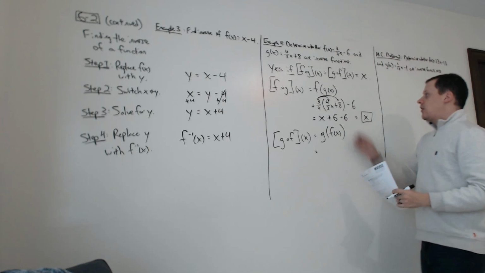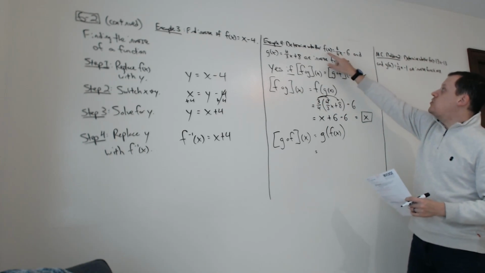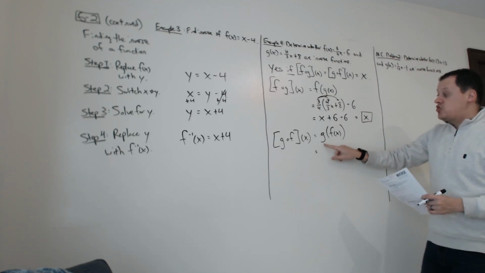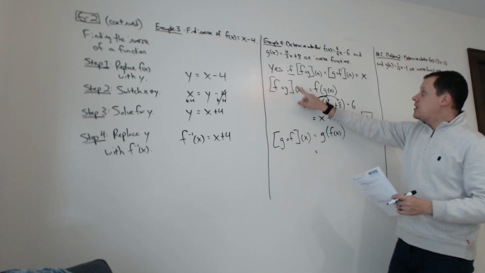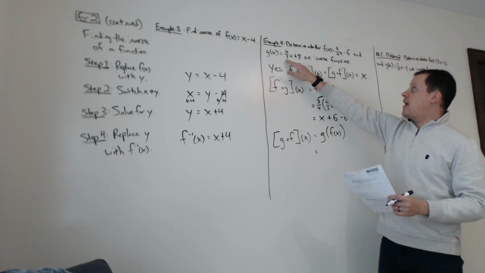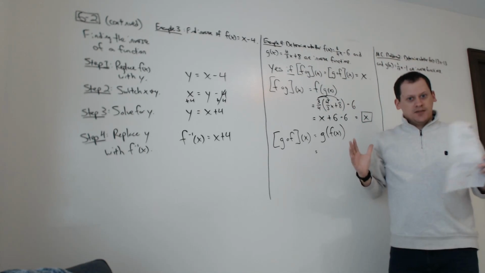For this problem, the f was on the outside, so we used the f of x function. This time the g is on the outside, so we're going to be using the g of x function. So I'm going to write this out, but instead of x, I'm just going to put big parentheses.